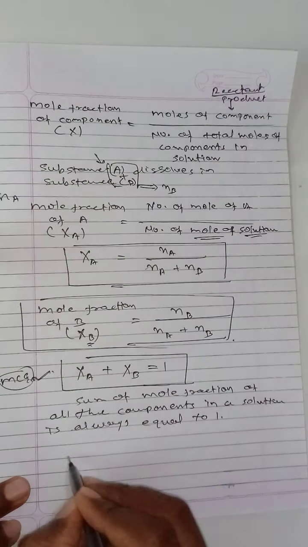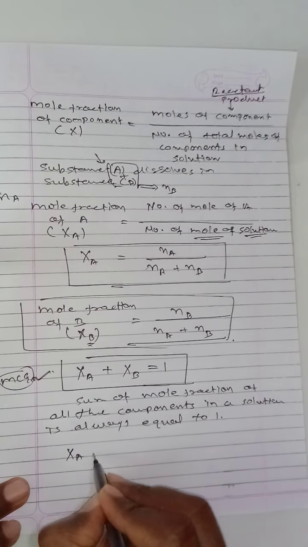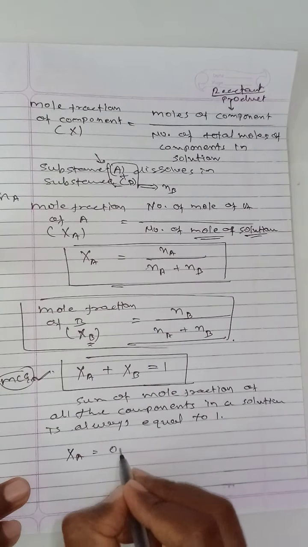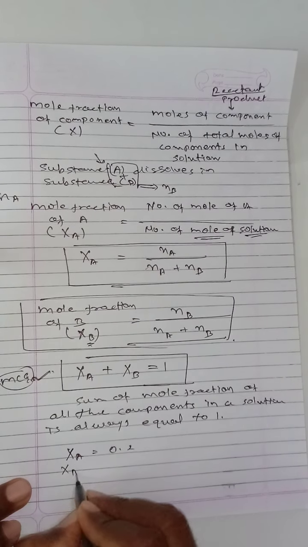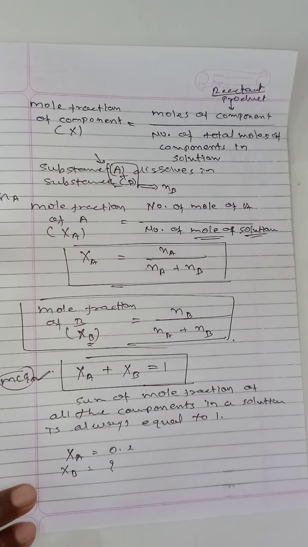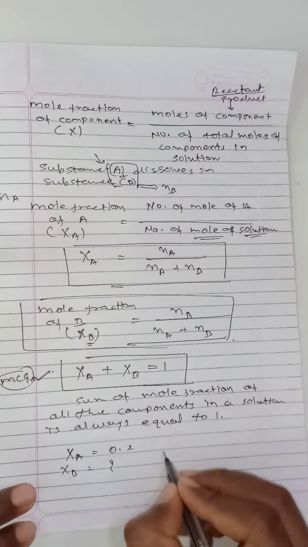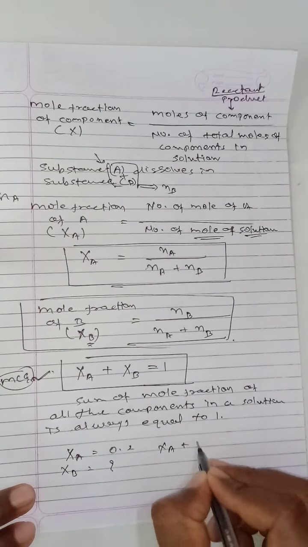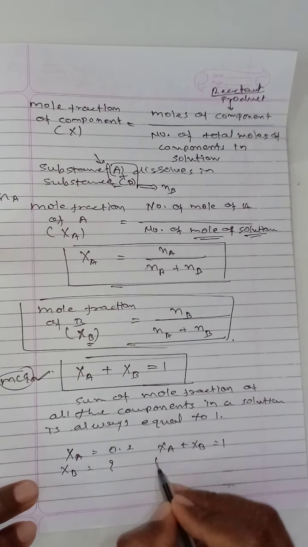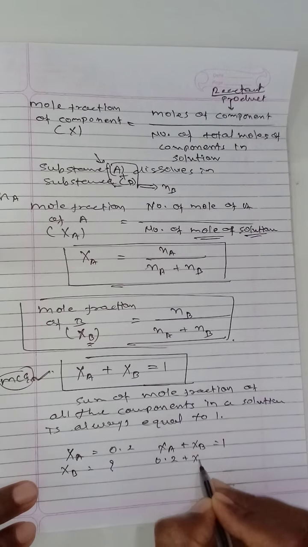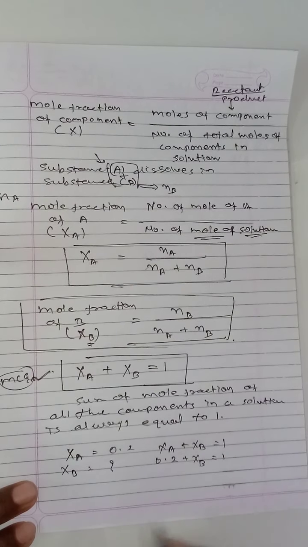Suppose here for Xa mole fraction, that is 0.2. Now what about Xb? From this data we can easily calculate. Mole fraction of A is 0.2 plus mole fraction of B equal to 1.